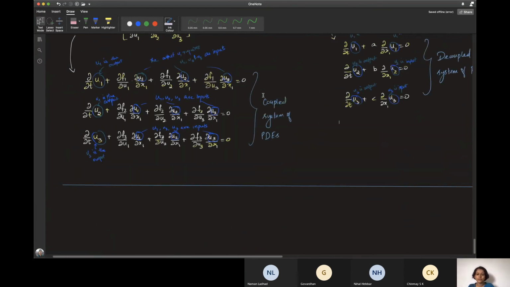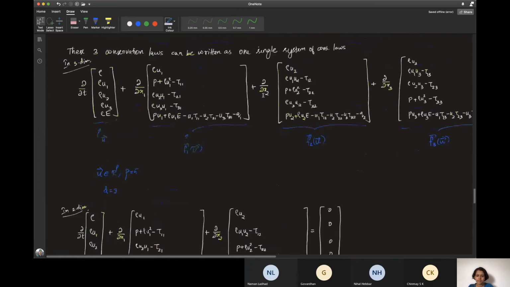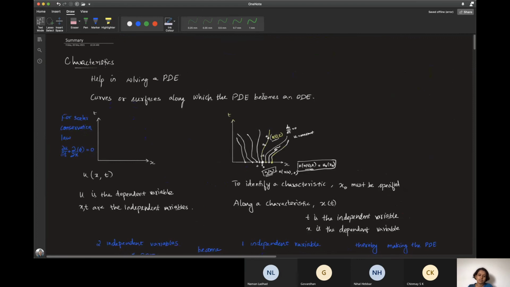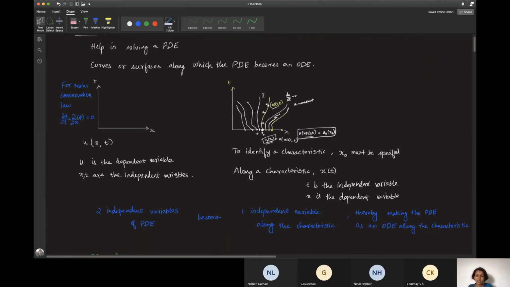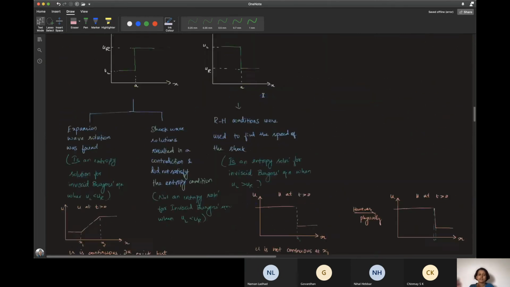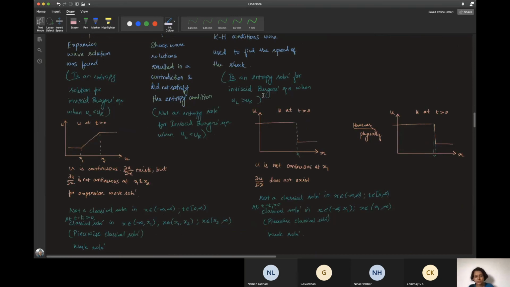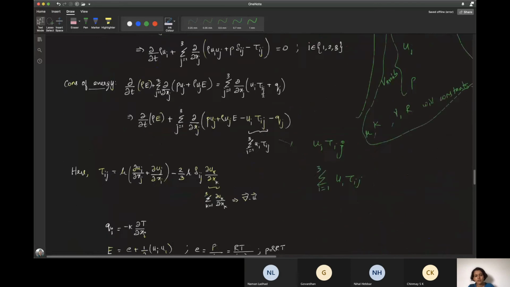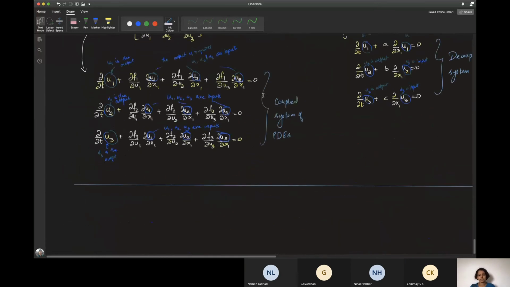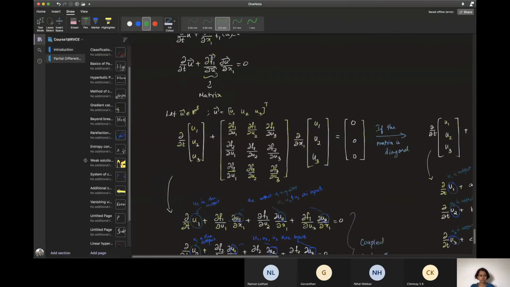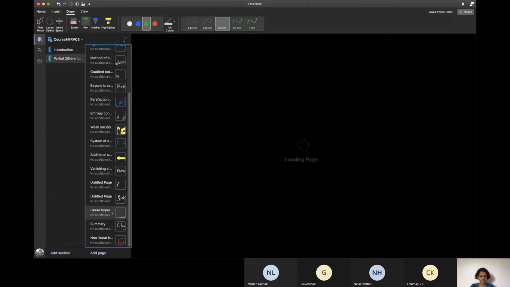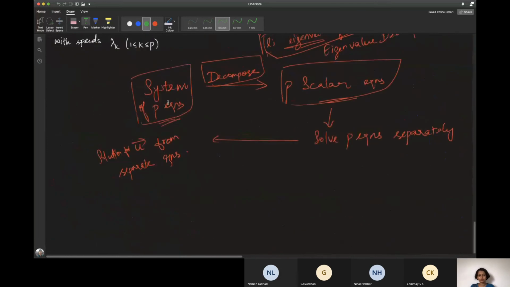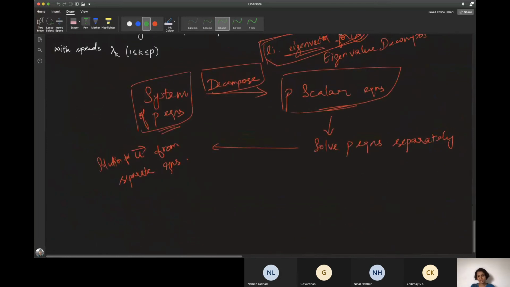So, I wanted to make things clear in this lecture because last time I found that some clarity was missing. The motive of this lecture is just to enhance the clarity of whatever we have seen before. Last time, we converted the system of PDEs into some scalar equations.